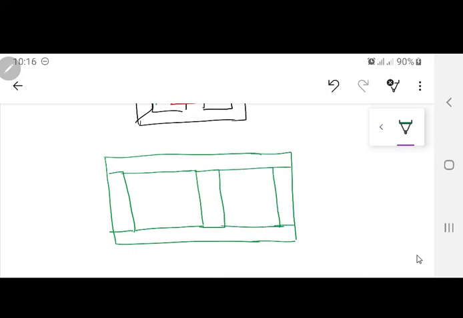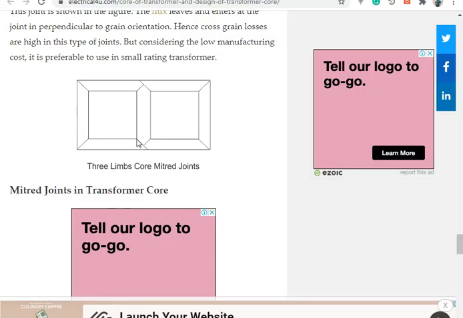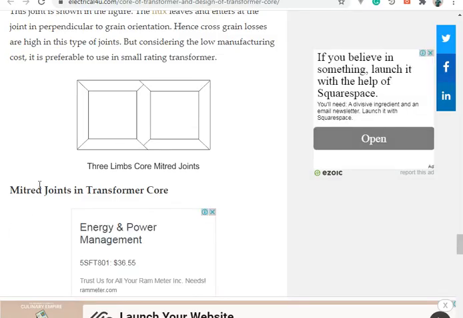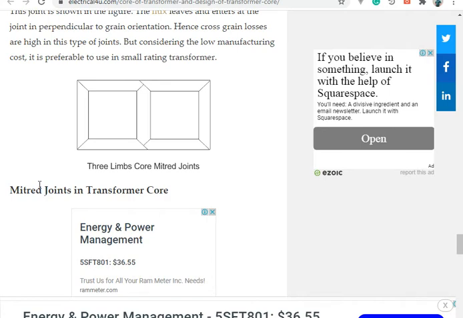What is the disadvantage? Compare this one with this one. What is the advantage over there? Certainly, the name is called a mitred joint core. So tell me, what is its advantage? Cutting this one at the edges like this, instead of straight lines, they are wedge shaped.